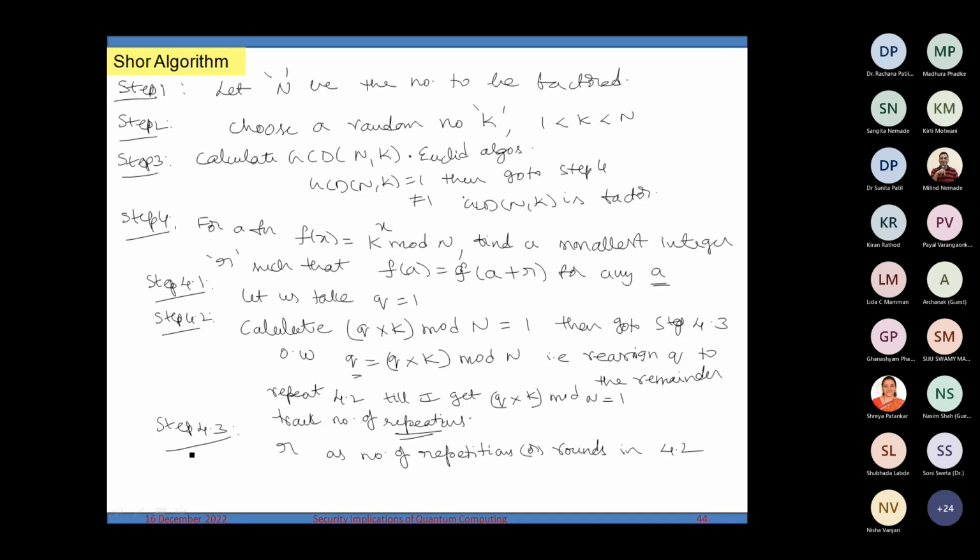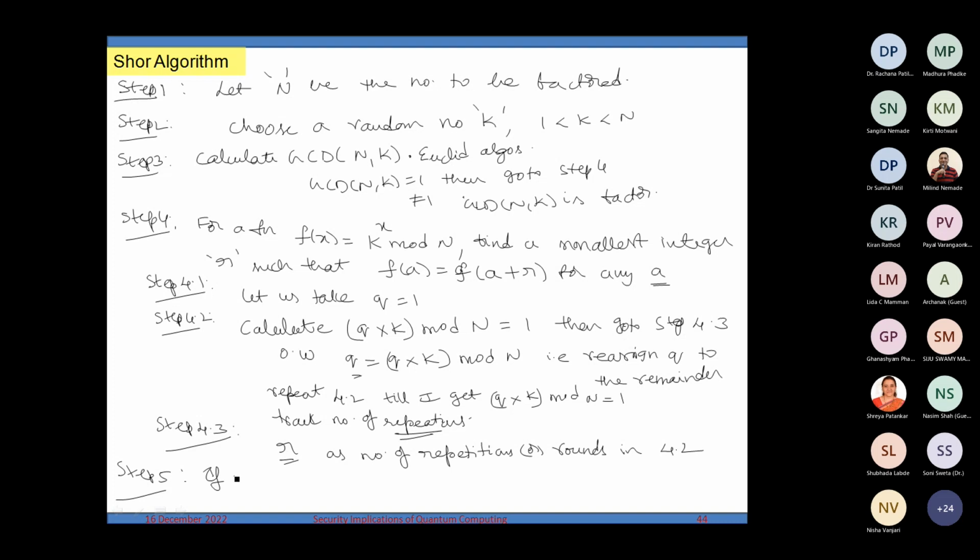So in 4.3 I just took the number of repetitions or rounds as R. All of 4.1, 4.2, 4.3 is part of step 4. Now I'm going to step 5.